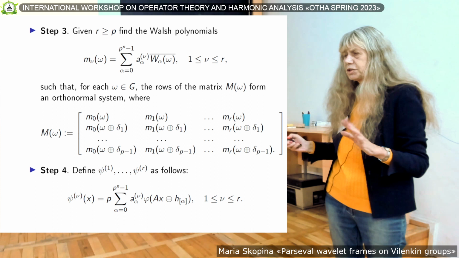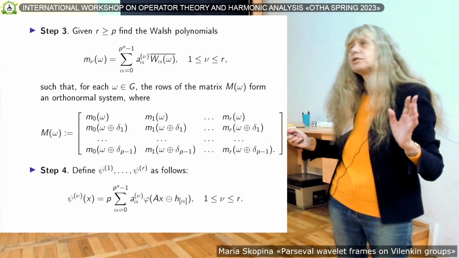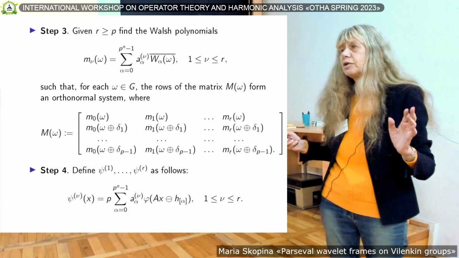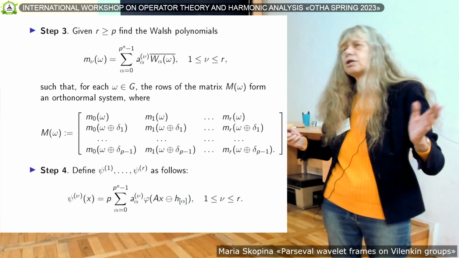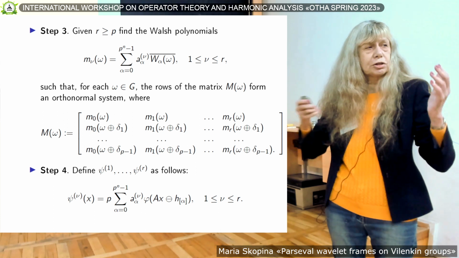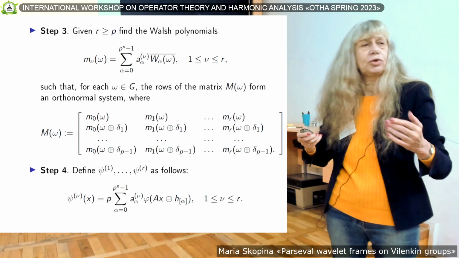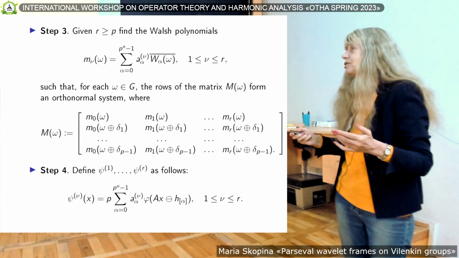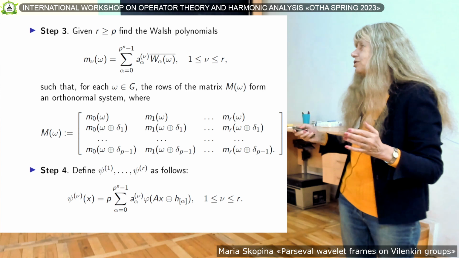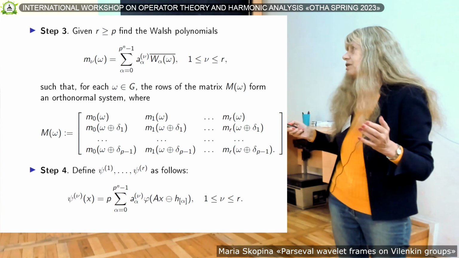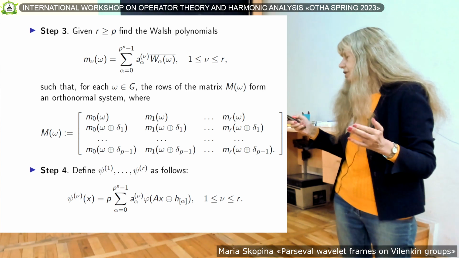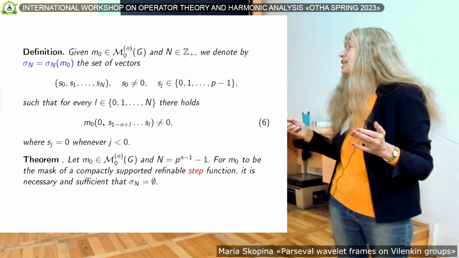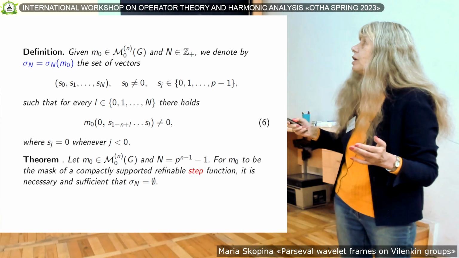And there were some examples in the paper of my co-author Farkov and in some other paper. But how they appear is not clear. They just fall down from the sky. Oh, this is a good example, a step function. And our goal was to describe all compactly supported refinable step functions.